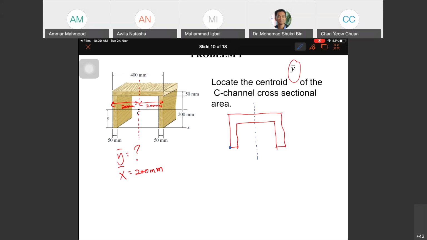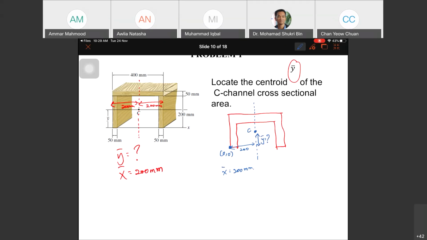Let's say this is your origin, 0, 0. So your X bar is simply the distance from the origin to here, which is 200 mm. So they ask you the location of the Y bar. Let's say here, we don't know the value from the origin. Y bar.